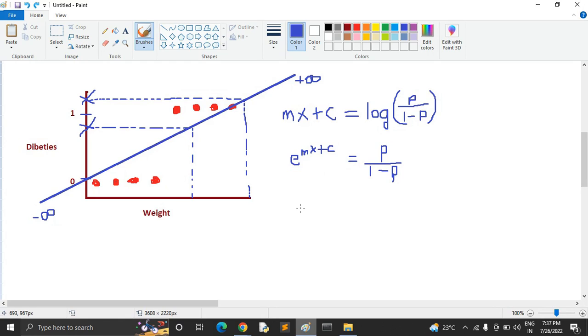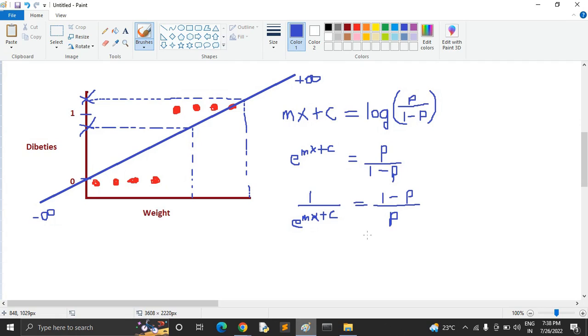So the denominator was 1, so 1 upon e to the power mx plus c is equals to 1 minus p upon p. If you take reciprocal on both sides, this is what the equation would look like.